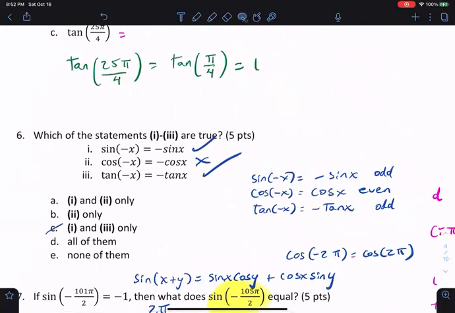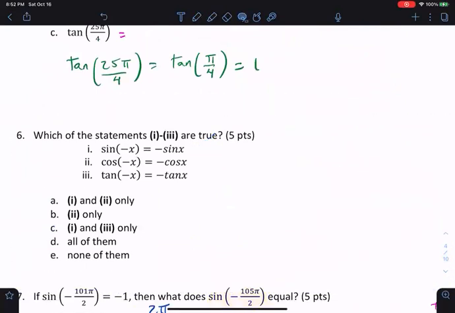Right here. So here they're asking you which statement is true. You know that this one right here is not true. So it should be 1 and 3, right? So that should be C. This is odd, this is odd, and this is even function, okay? So just keep that in mind.